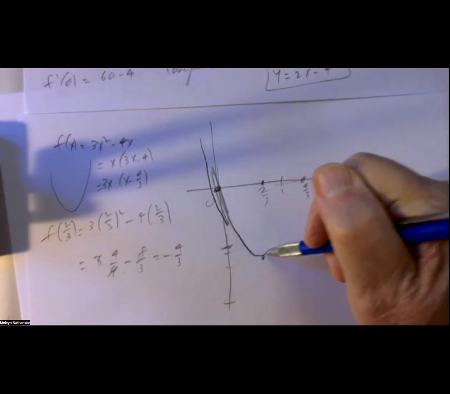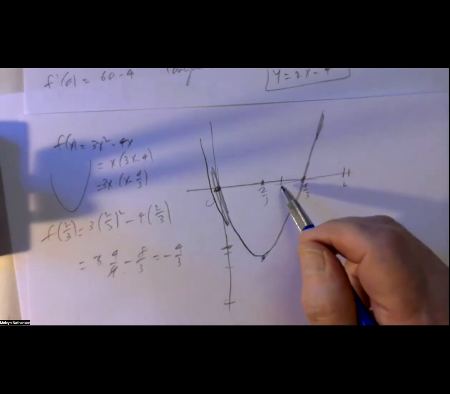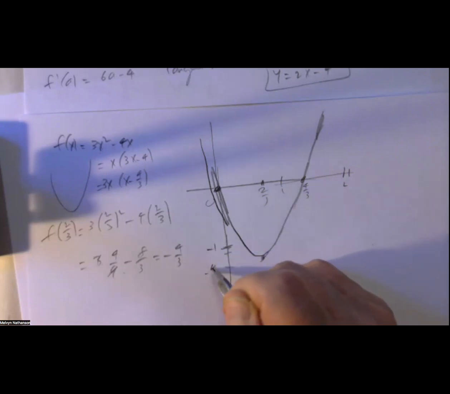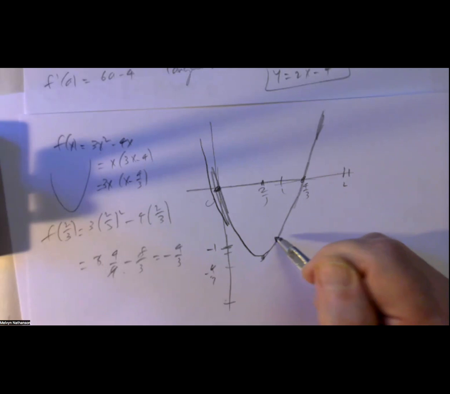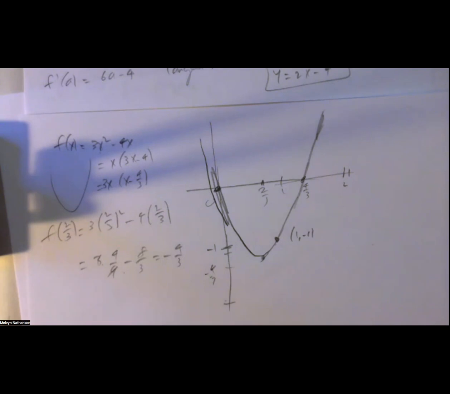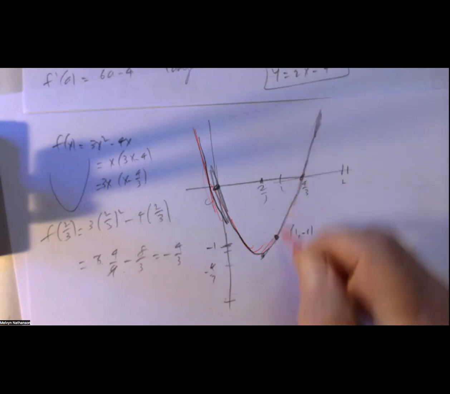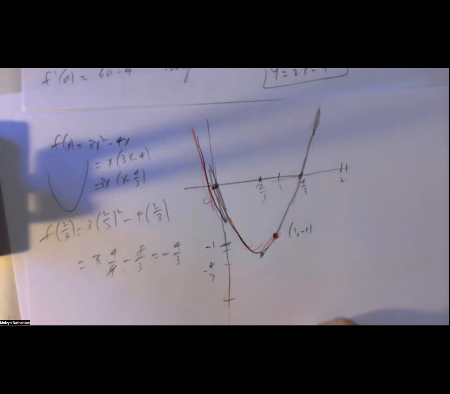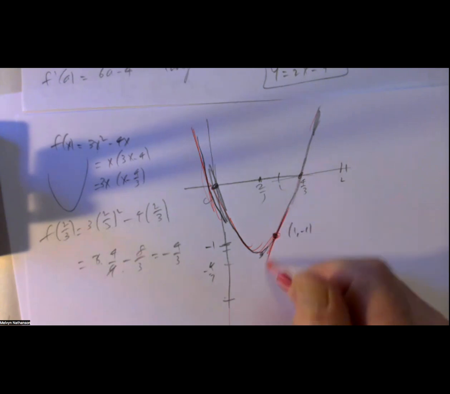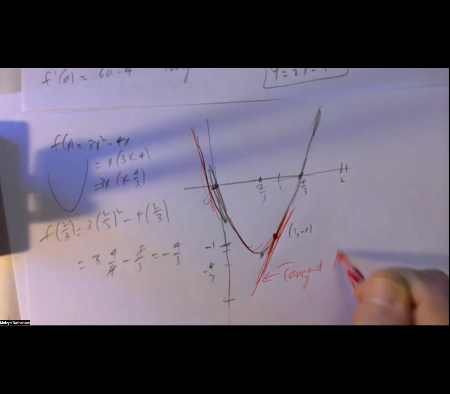Parabola looks kind of like that. And when x is 1, this function is minus 1. So this is my curve passing through the point 1, minus 1. And the tangent line there we just calculated. Is that right?